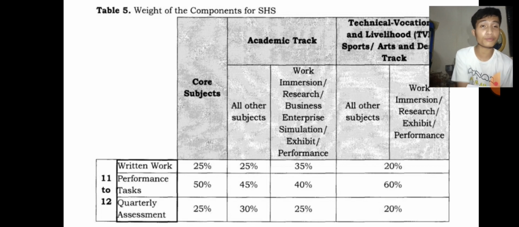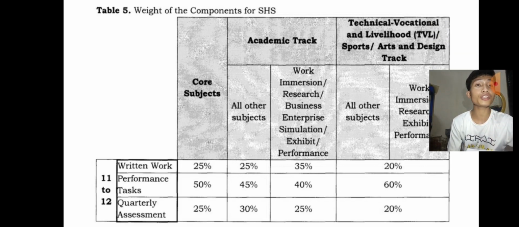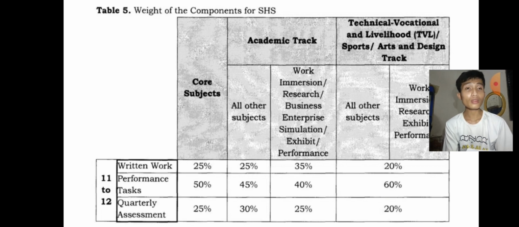For work immersion, research, business enterprise simulation, exhibit, and performance, written works is 35%, performance task is 40%, quarterly assessment is 25%. In technical, vocational, and livelihood, or TVL, the written works is 20%, the performance task is 60%, and the quarterly assessment is 20%.